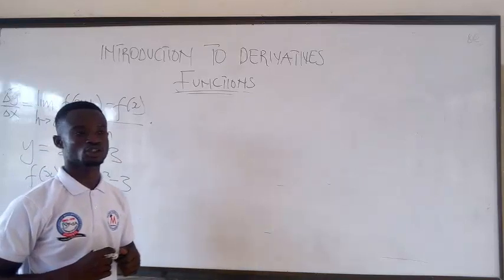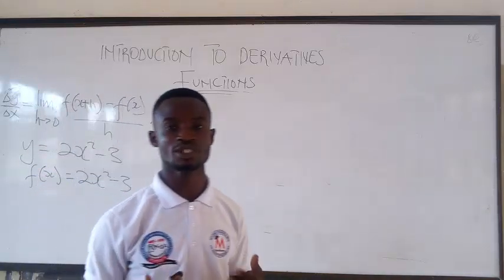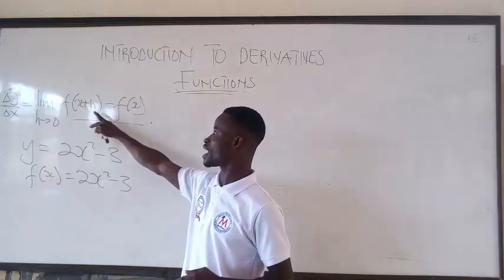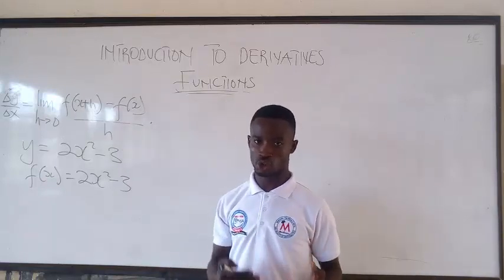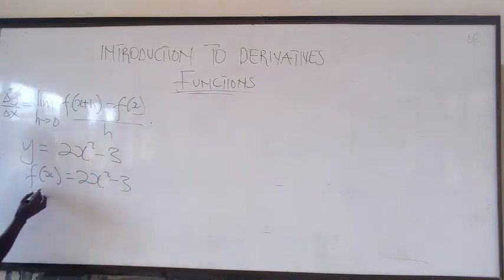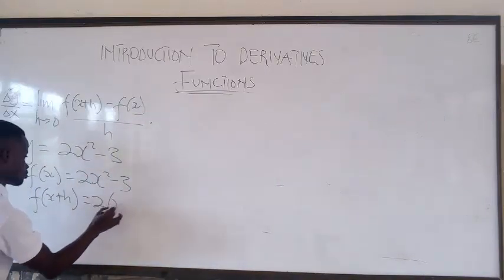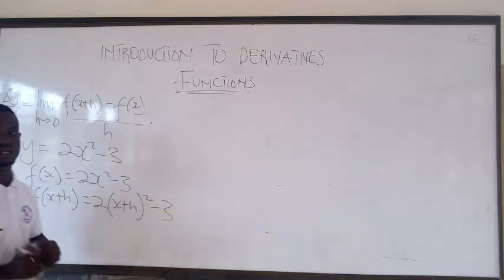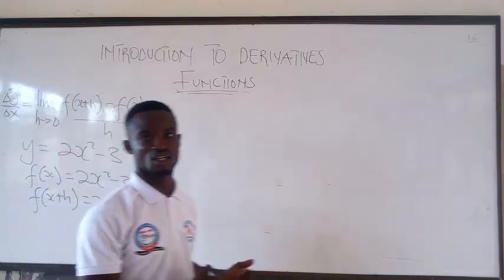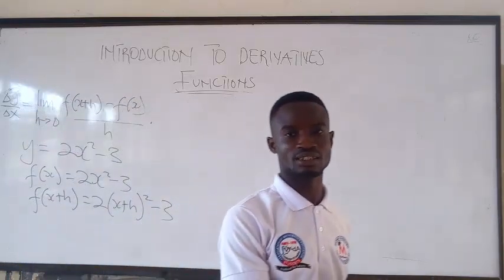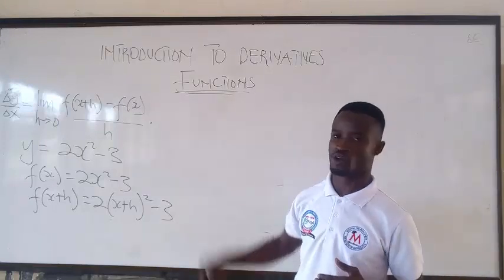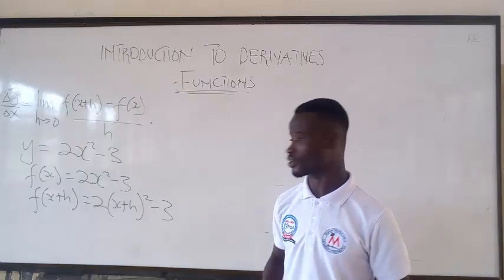Since we want to use the first principle formula, then we have to define f of x plus h. Right after here, you can choose to expand and simplify before you do your substitution into the formula. So let's try that and see.